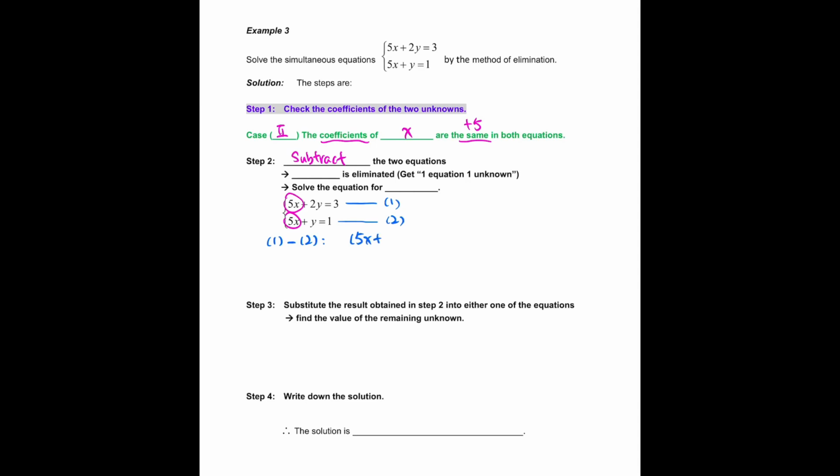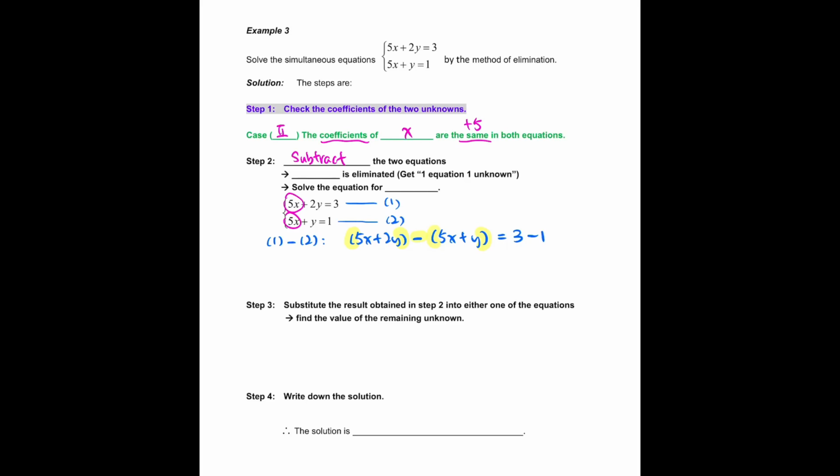So for the left-hand side, we do the subtraction on the terms, and also for the right-hand side, we have 3 minus 1. Remember to put the brackets.